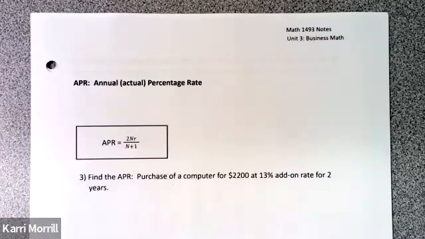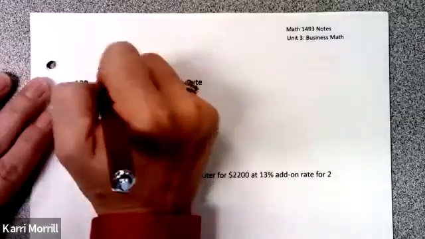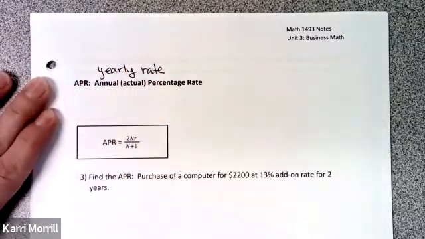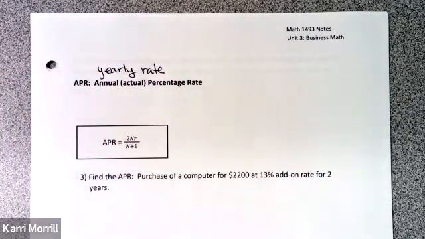I think sometimes it happens with vehicles. It does happen a lot with credit cards. That is your annual or actual percentage rate. So this is a yearly rate as well.